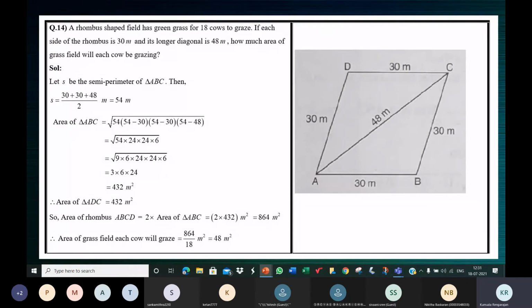D1 is 48, D2 is 36. See if you're getting the same answer, 864. Yes, ma'am, the same answer. So this is independent of calculating the area of the triangle.